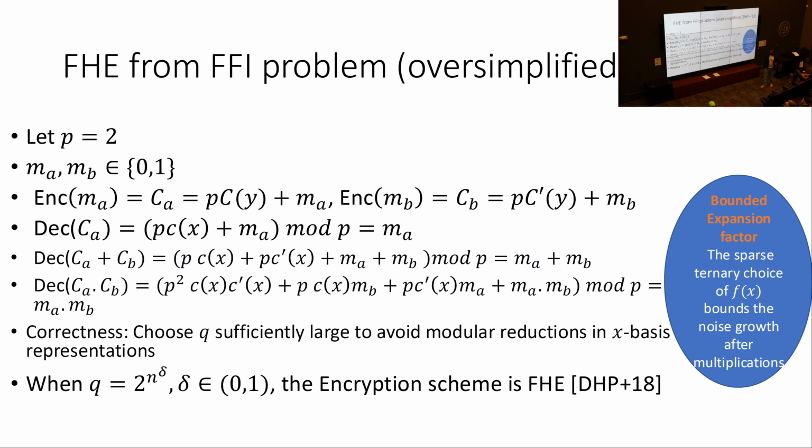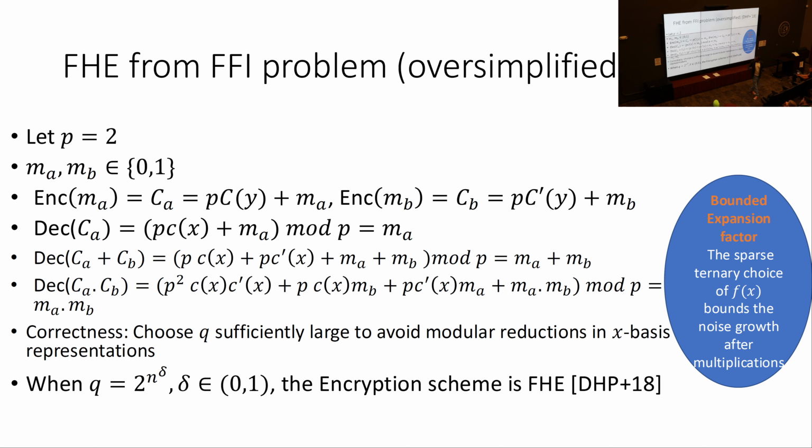Okay, so this problem was also used to build a fully homomorphic encryption scheme, and the idea is to use these encryptions of 0 to encrypt bits. I'm not going through in a very thorough way how this was done. I'm giving a very oversimplified version of the construction that they had.